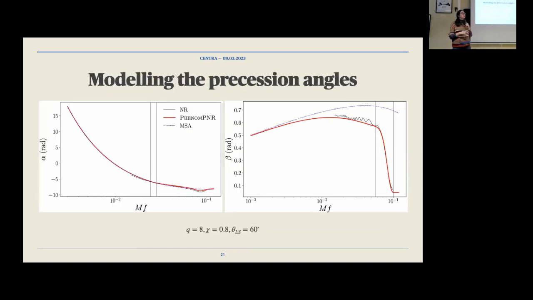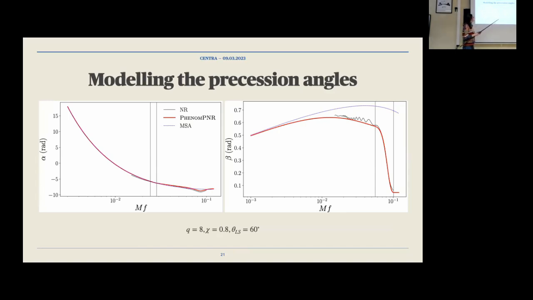We then need to model the precession angles that go from one frame to the other. We can see here a comparison. The MSA is a type of post-Newtonian expression for the angle, which stands for multi-scale analysis.